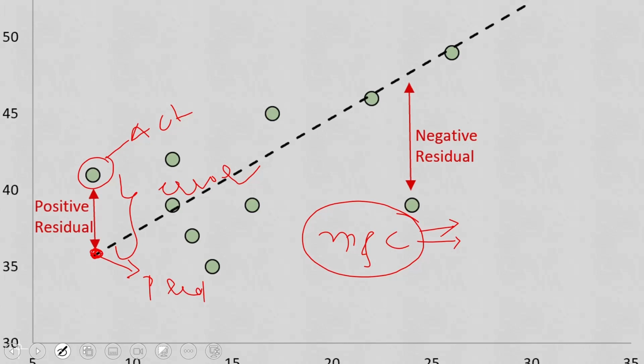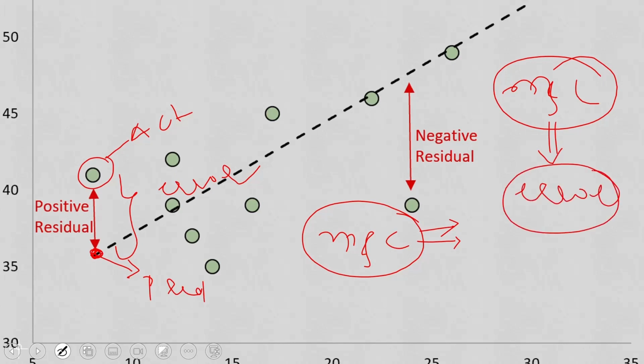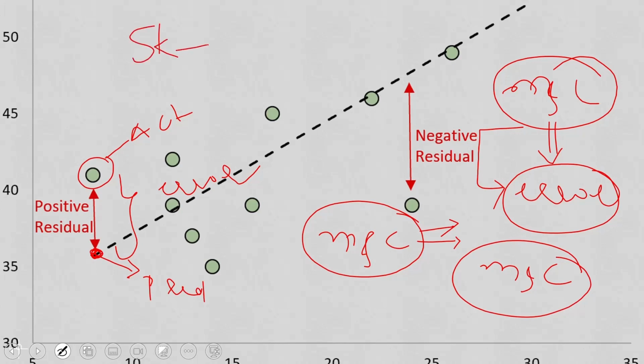We can randomly select some m and c values, find the error for each and every data point, and select the m and c values which give the least errors, which is a very time-taking process. But sklearn linear regression uses the ordinary least squares method in order to find the m and c values.